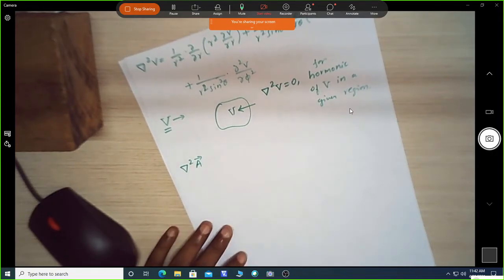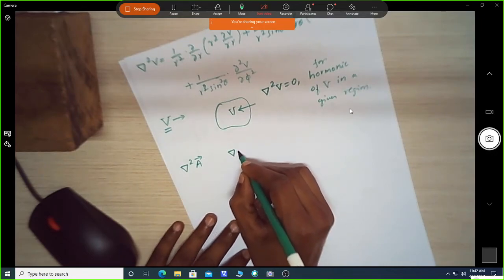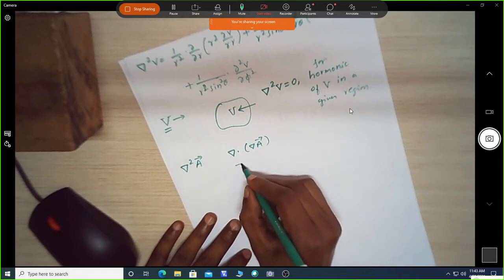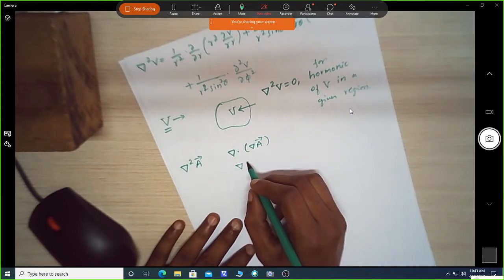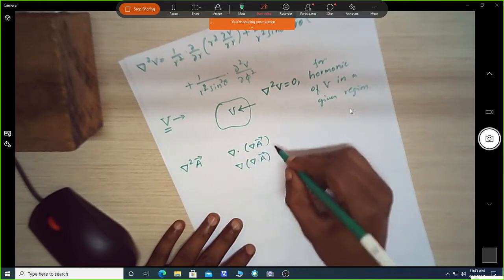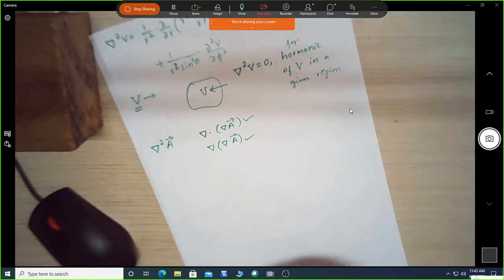We can define del dot of del A, or we can have del of del dot A. So which one is correct? Can you tell which one is correct?